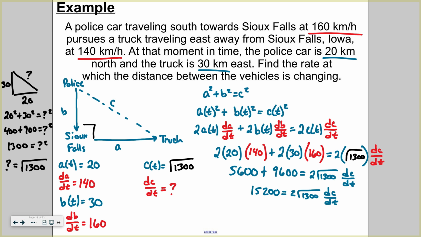So that means that dc/dt is going to be 15,200 divided by 2 radical 1300. And then we can simplify this down to be 7,600 all over the square root of 1300. And let's see, this is going to be kilometers per hour.